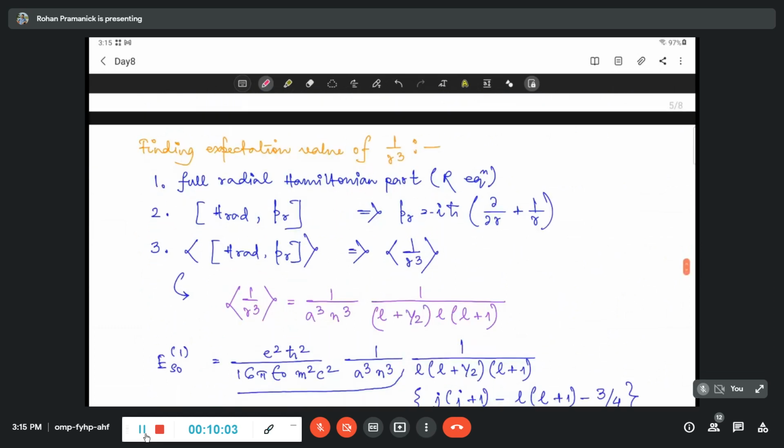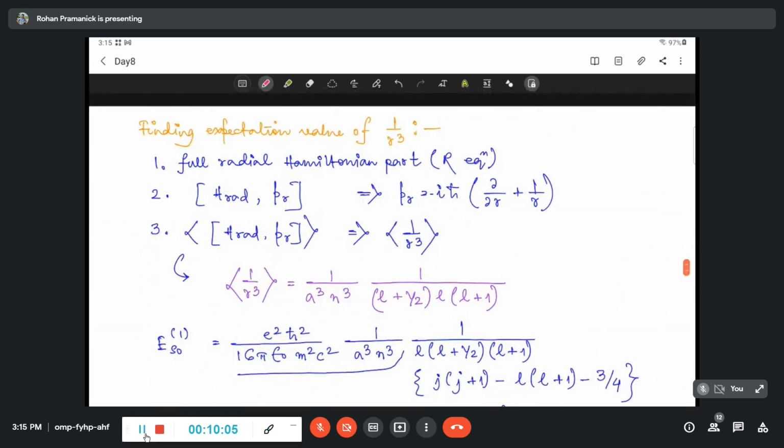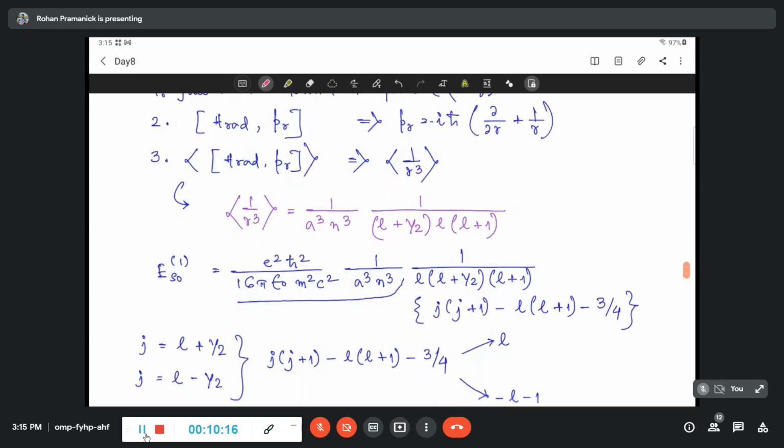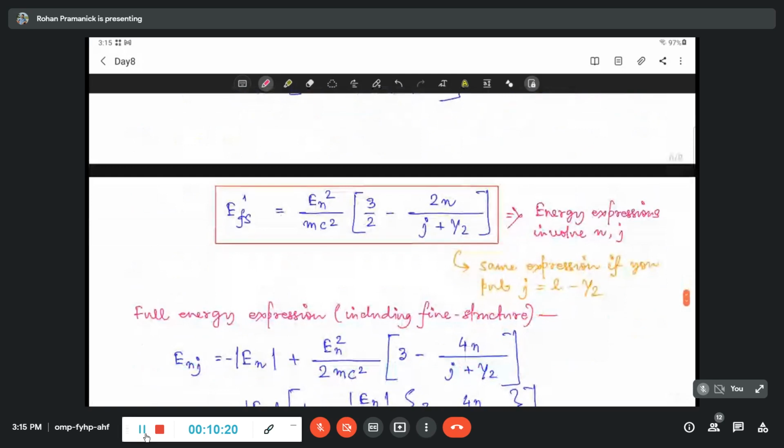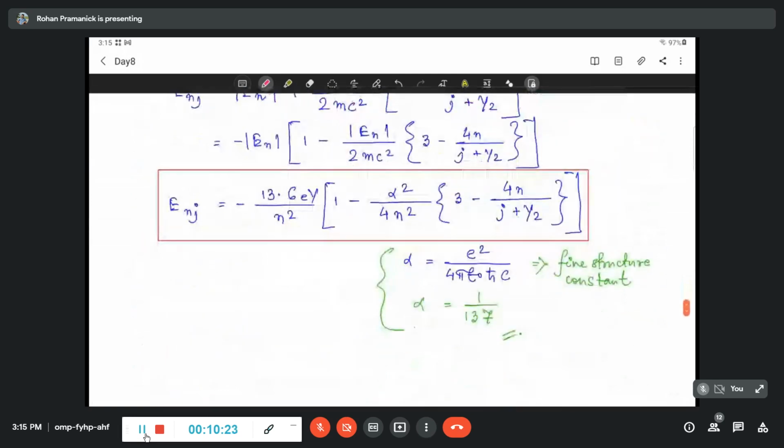So have any of you tried this 1 by r cubed expectation value using the Feynman-Hellmann theorem? Okay, so our takeaway was that this is the expression for the fine structure, and it depends on J, which was not previously found while we were calculating the hydrogen atom explicitly.